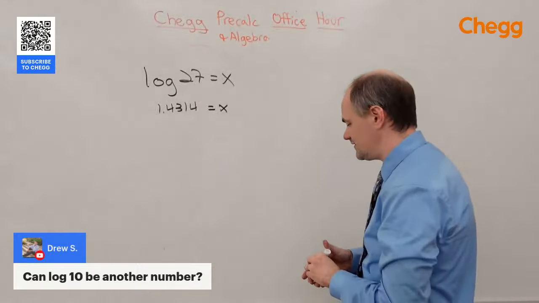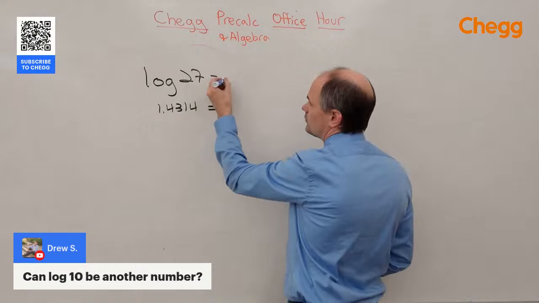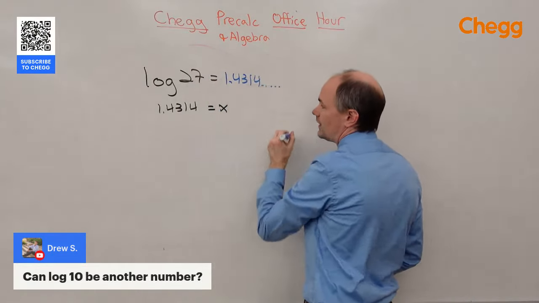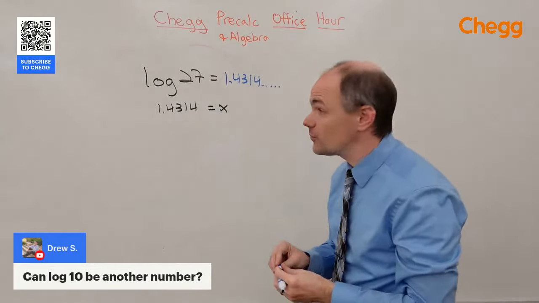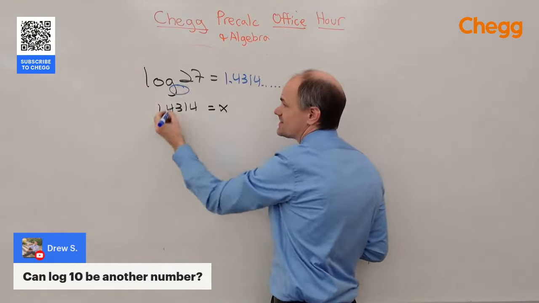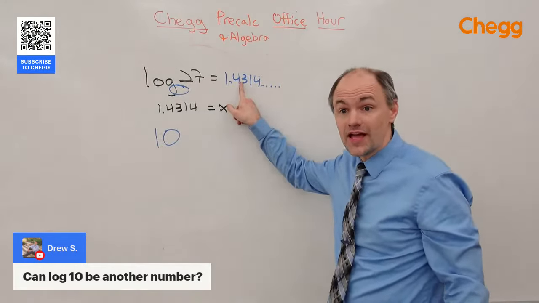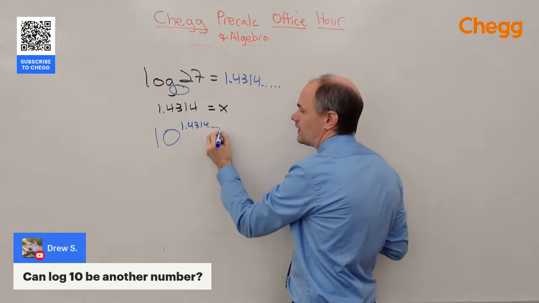What this means is this x is really 1.4314 on and on. If I were to rewrite this as an exponential problem, the base is 10 because there's no base written, and this number is my exponent, 1.4314 on and on.